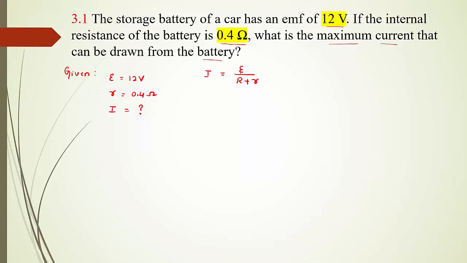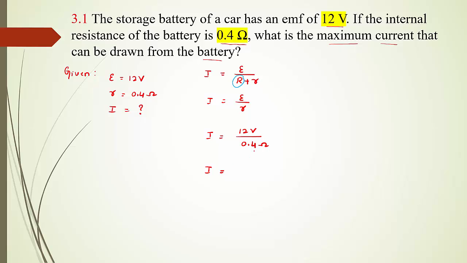But here the external resistor R value is not given. You can observe the problem, R value is not given, so leave it. So the equation can be written as I equal to E divided by r. Substitute the values: I equal to E value is given, 12 volt, divided by internal resistance, 0.4 ohm. 12 divided by 0.4 is how much?